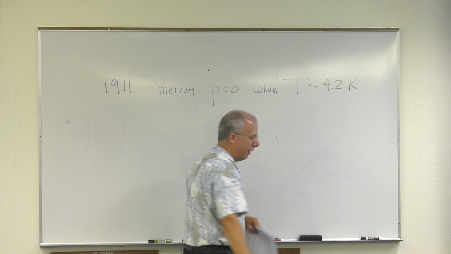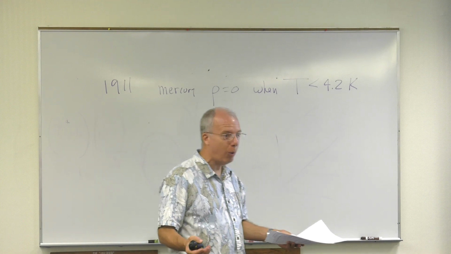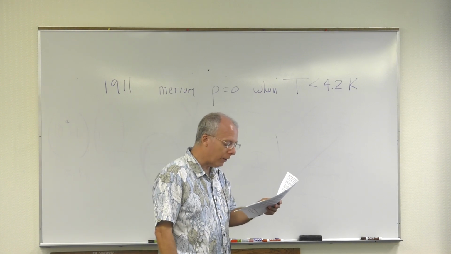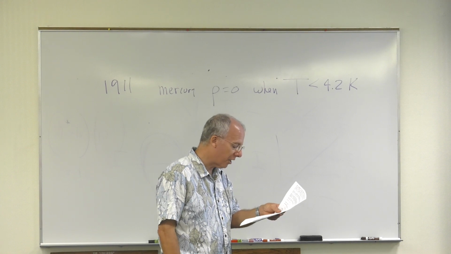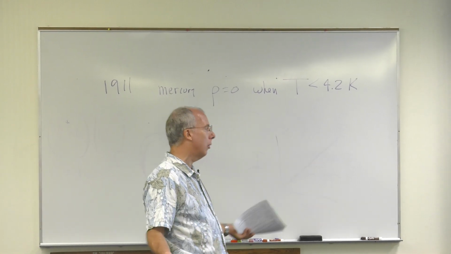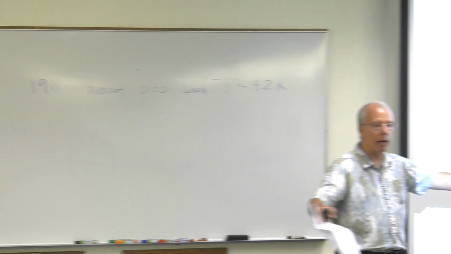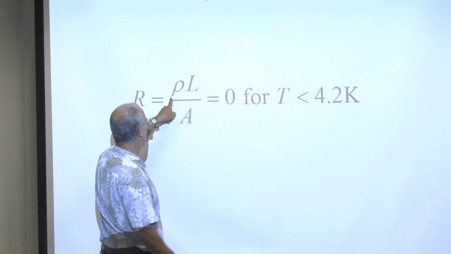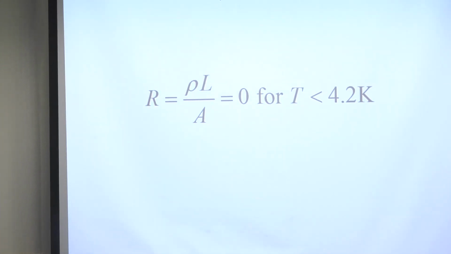If you had chemistry, you realize this is incredibly cold. 4.2 kelvins is minus 452 Fahrenheit, which is equivalent to minus 269 C. But still, it's amazing. That means if you have a piece of wire made of mercury and you get it this cold, since the resistivity is 0, the resistance is going to be 0.